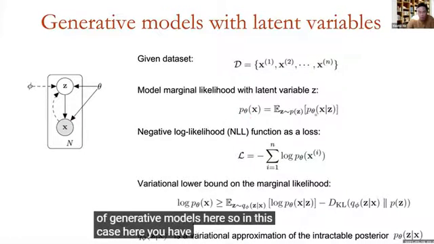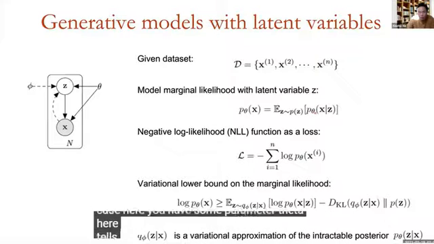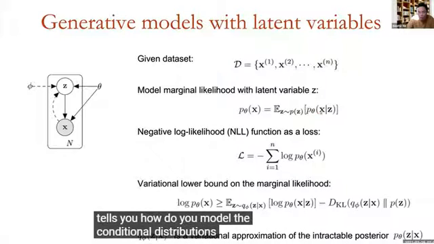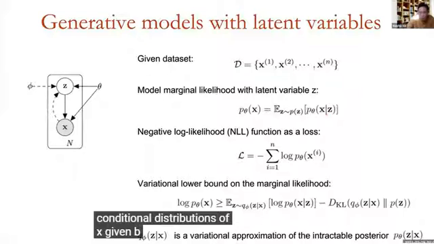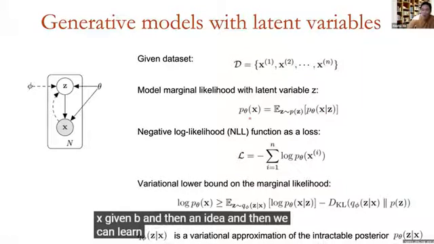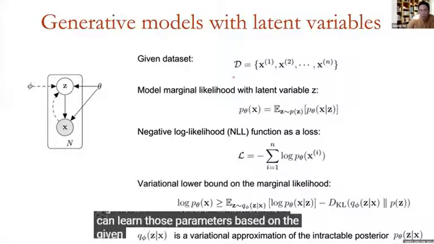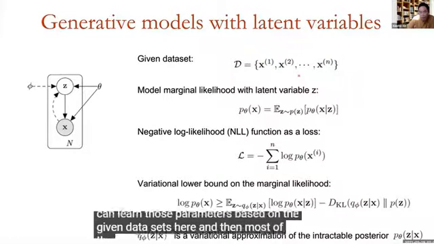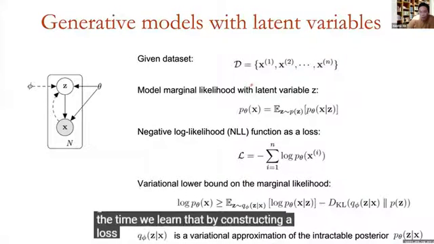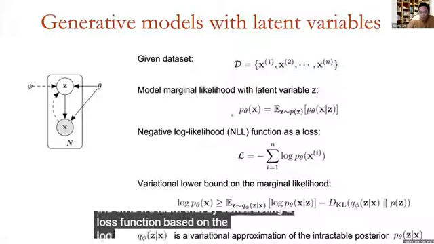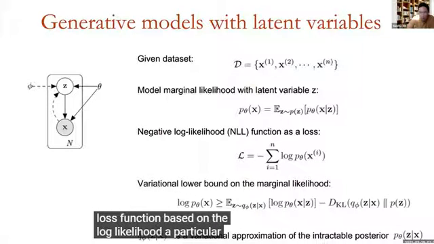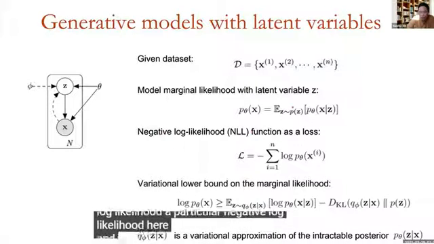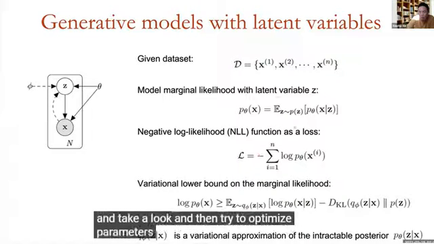In this case, you have some parameter theta that tells you how you model the conditional distribution of x given z. Then we can learn those parameters based on the given data sets. Most of the time we learn that by constructing a loss function based on the log likelihood, or particularly the negative log likelihood, and then try to optimize the parameters.